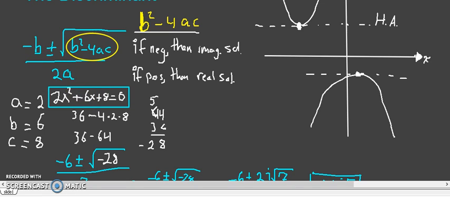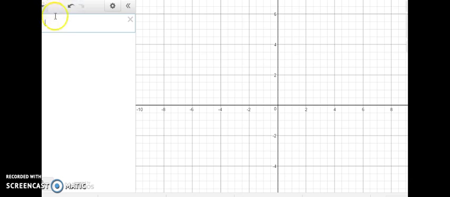We can throw this graph into an online graphing calculator and we can see that real quick. So let's go ahead and do that. Alright, so I've got the online graphing calculator pulled up here. We can just type in our equation. So 2 is a, so that'll be 2x squared, and then b is 6, so 6x, and then plus 8.